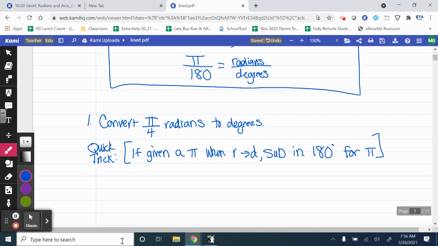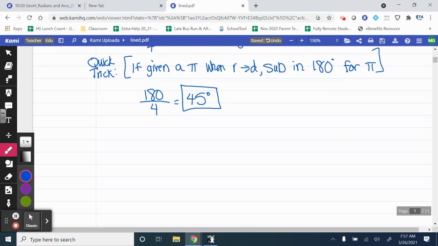So we can take out this pi and substitute in 180. 180 divided by 4 gives me 45. It only works if there's a pi in it and if you're going from radians to degrees. Otherwise, you'd have to use the proportion. I'll show you number 2, what I mean by that.